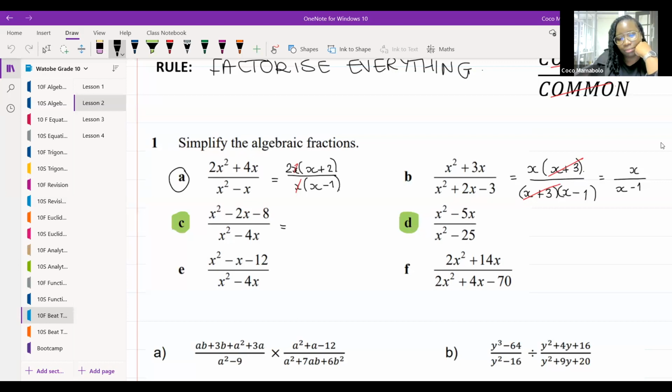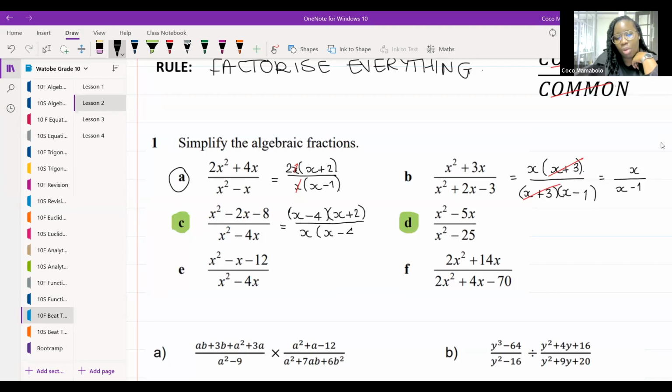Okay, ma'am. For number C, for the numerator, I said x minus 4, close brackets, then open bracket, x plus 2, close bracket. Beautiful. And then at the bottom, what did we do? Divided by x open bracket, then x minus 4.